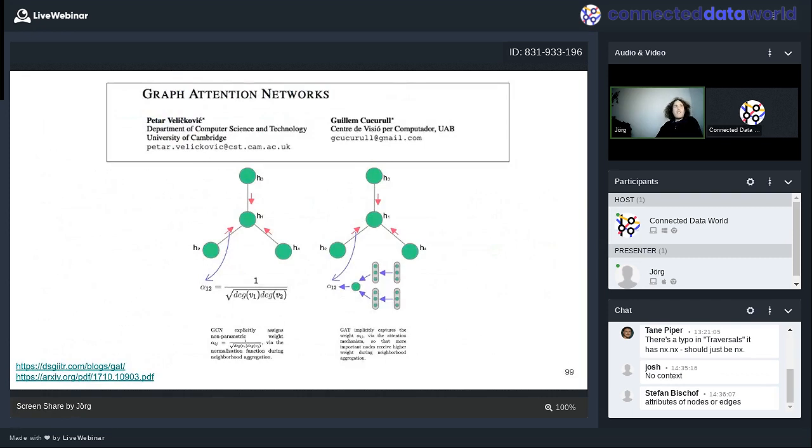This is where graph attention networks come in, where we can learn which of the neighboring edges are more or less important. A simple determinant for that might be the edge weight. So how important is this edge between H1 and H2?